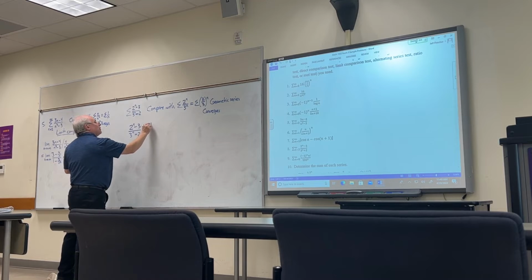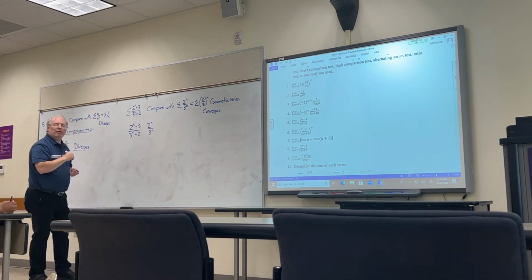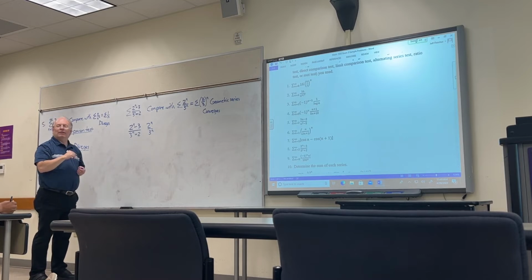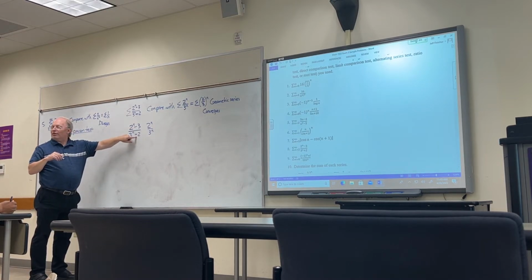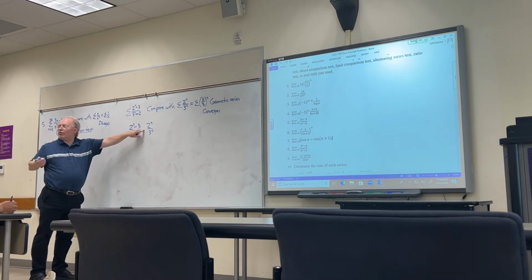Can we tell how these two compare? Can we tell which way the inequality would go? Well, I mean, the top one's smaller, a smaller numerator and a larger denominator. Well, we don't need to take the limit here. We just want to see if this would be less than or greater than.